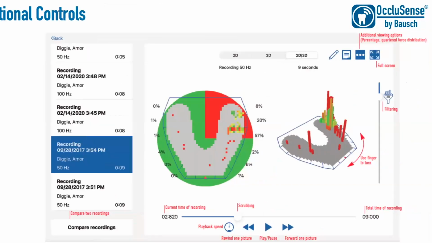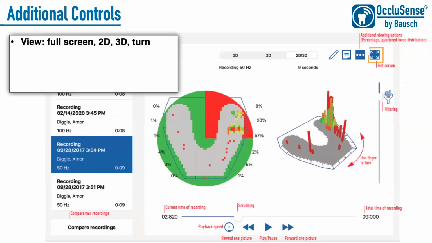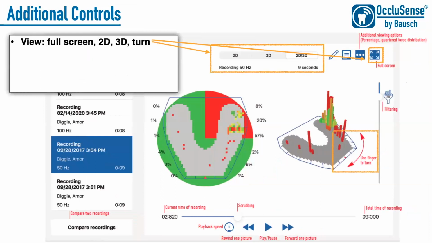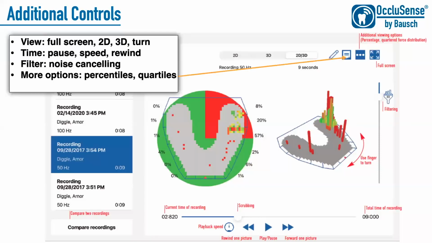Apart from the viewing options, where you are also able to enter a full screen mode and turn and switch the viewing using your finger, you have the opportunity to pause, speed, and rewind any recording that you have made. You can do some noise cancelling by choosing the amount of pressure levels that you actually want to see, and look into percentiles or quartiles, as well as compare two recordings over time.